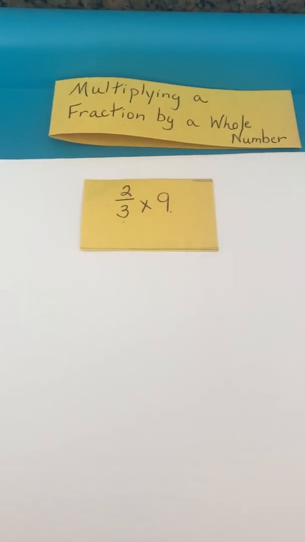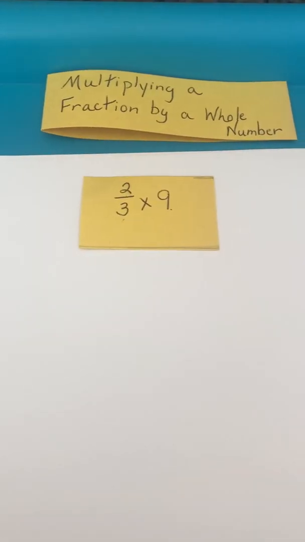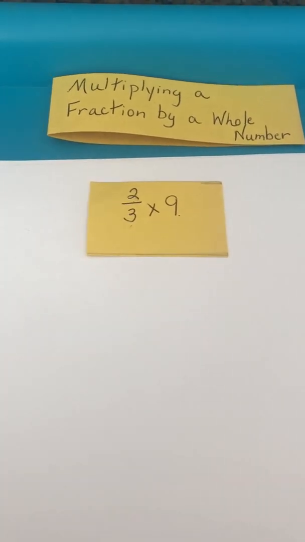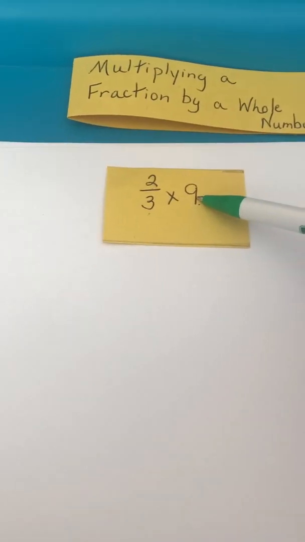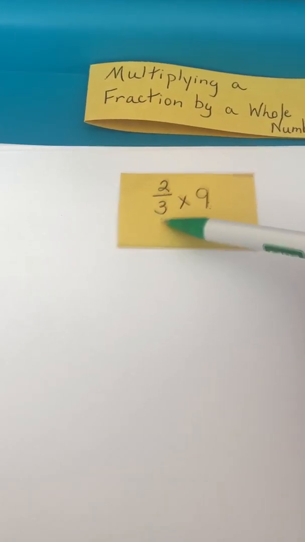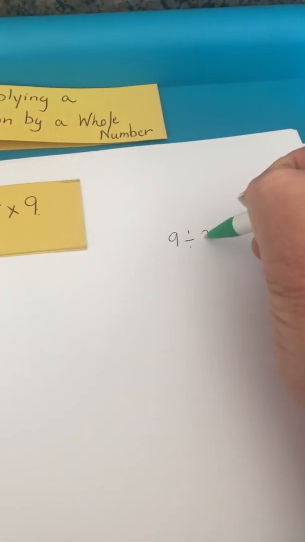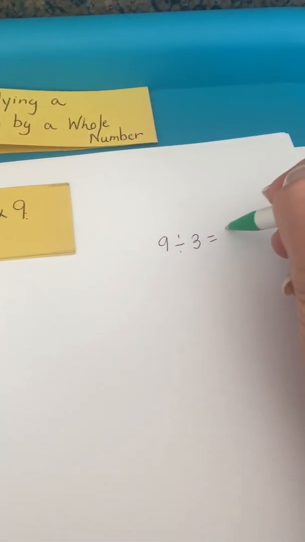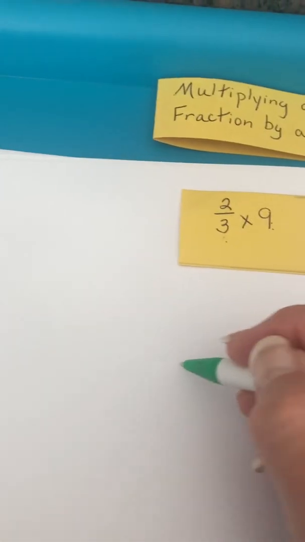You have 9 assignments to do, and you finished 2/3 of your assignments, okay? So let's see what that would look like. Using what I know, I have 9, and I want it divided into 3 equal parts. Using what I know, 9 divided into 3 equal parts is 3. So I'm going to put 3 in each group.